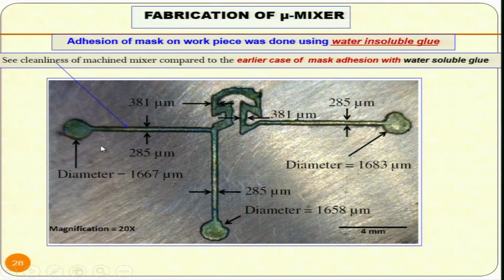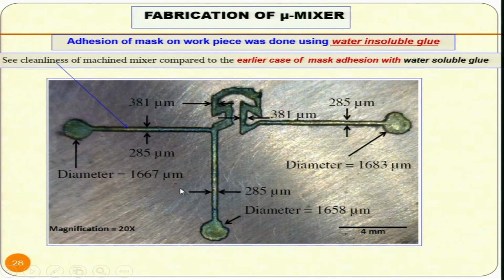Now, this is the finally made mixer, and you can see the difference between this mixer and the earlier mixer which I have shown you 2 slides back. So, this is comparatively more neat and clean, and you can see the dimensions. All this is 285 micrometer, 381 micrometer, 285 micrometer.